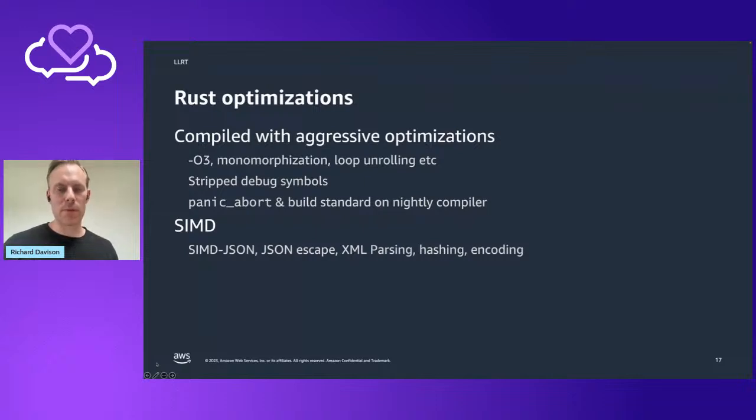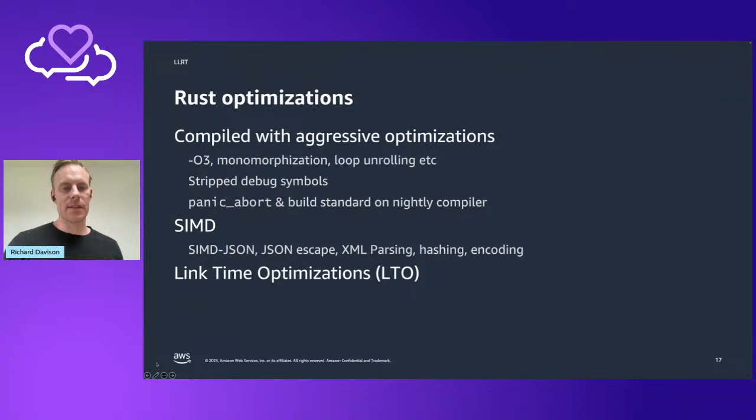It's more performant on larger inputs. That's where you see the biggest benefits. And finally, we also do link time optimizations. So LTO is another setting that you can apply when compiling Rust that further optimizes the code at link time, removing unused code and doing some more heavy optimizations.